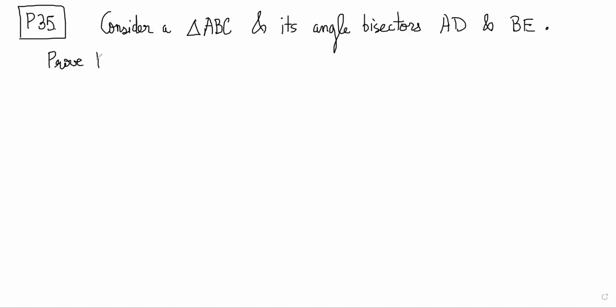Prove that angle ACB is equal to 60 degrees if and only if AE plus BD is equal to AB.